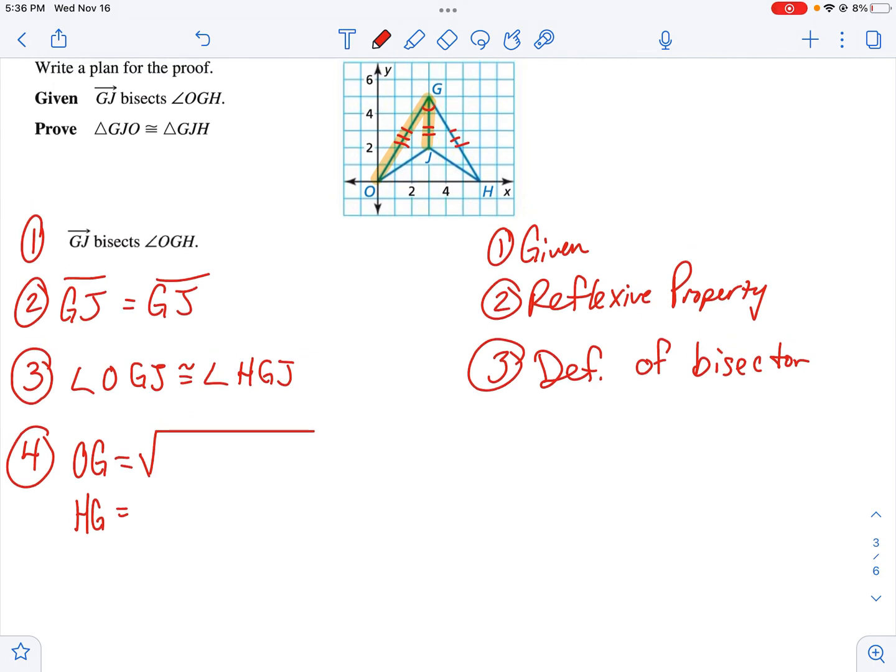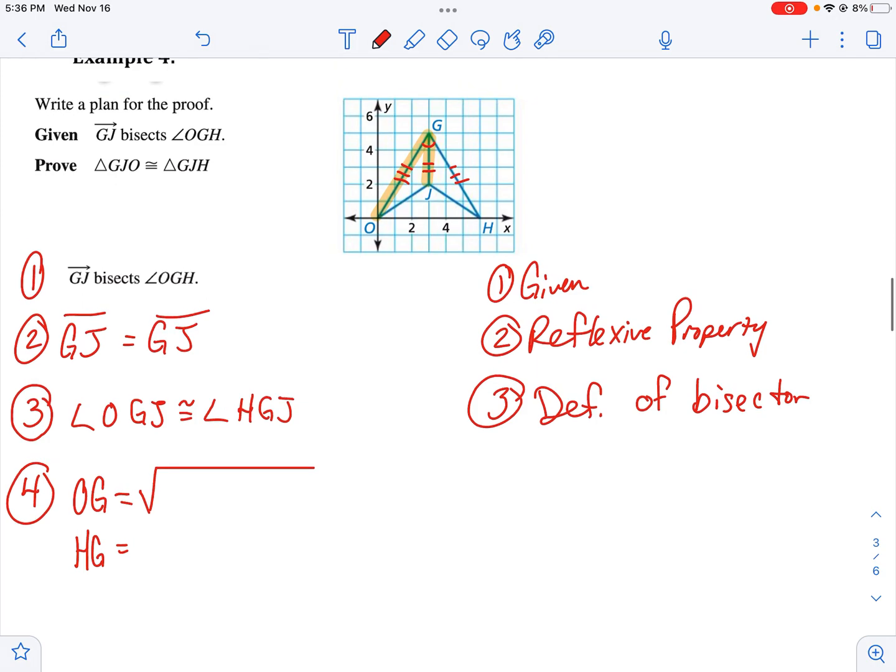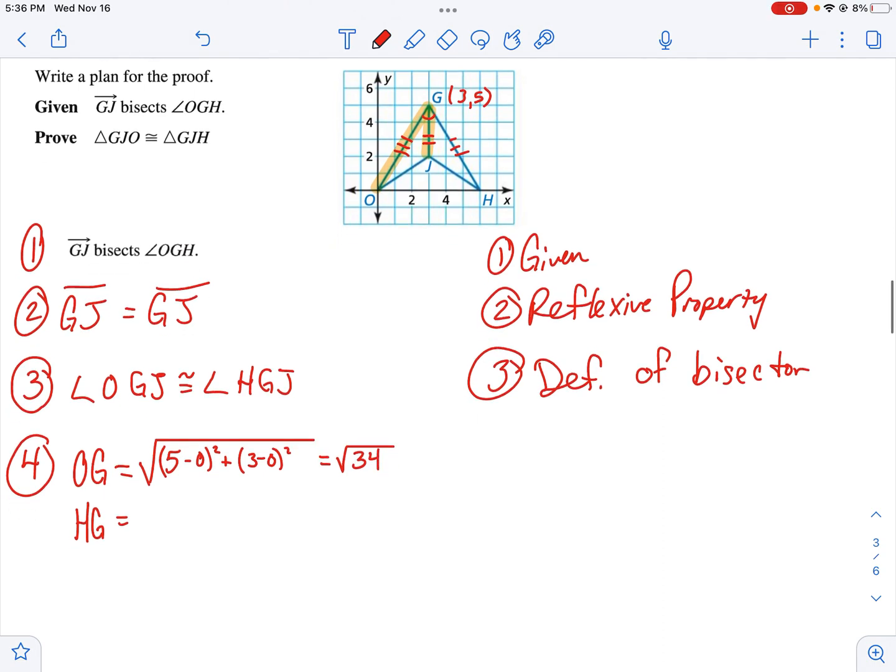So let me find my coordinates. O is 0, 0. So OG, if G is 3, 5, would be the square root of 5 minus 0 squared plus 3 minus 0 squared, which is the square root of 34.